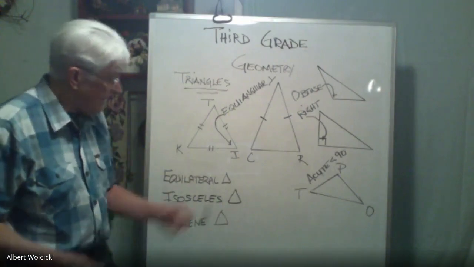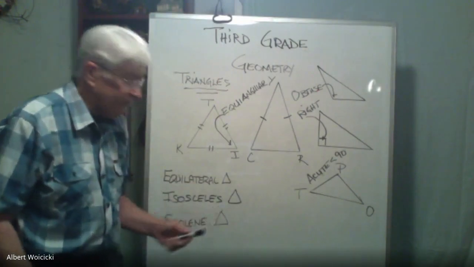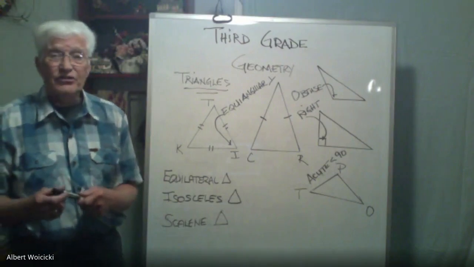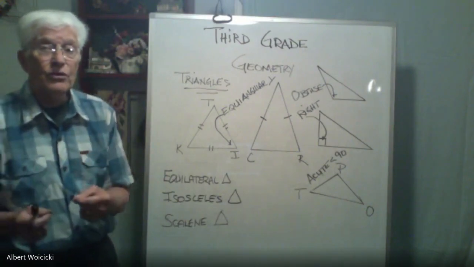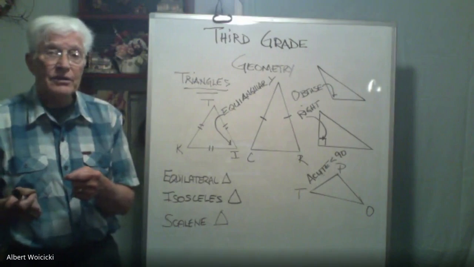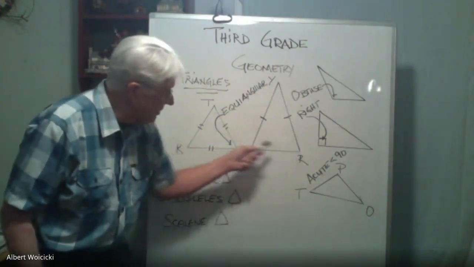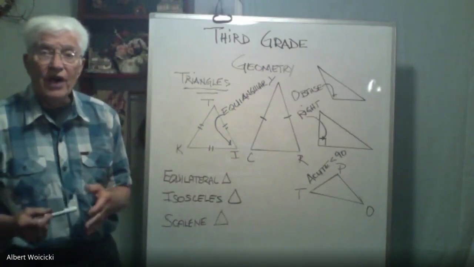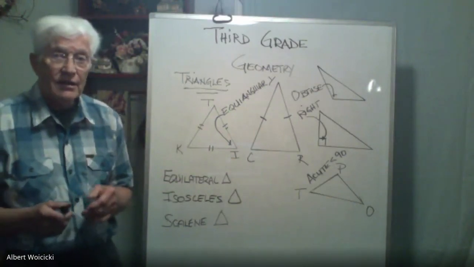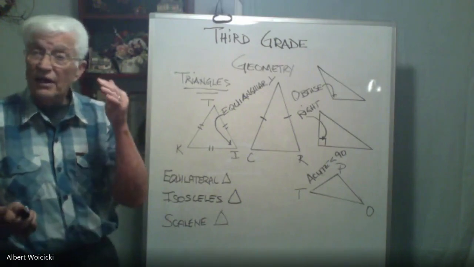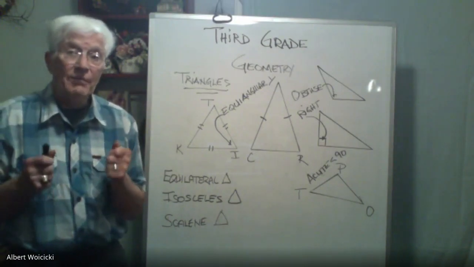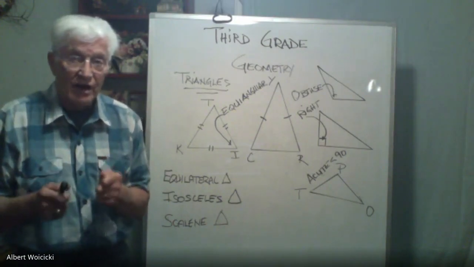And it's called isosceles. It's an isosceles triangle because it has two sides the same. So this is an isosceles triangle that has two sides exactly the same. So again, it's the sides that are the same that makes it an isosceles triangle.